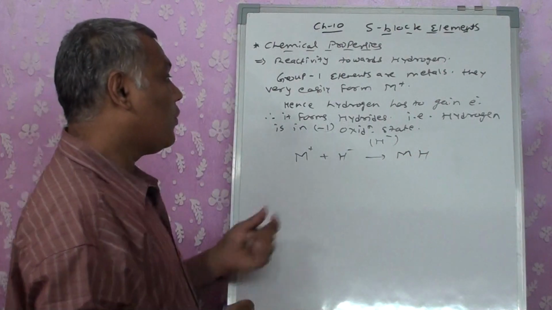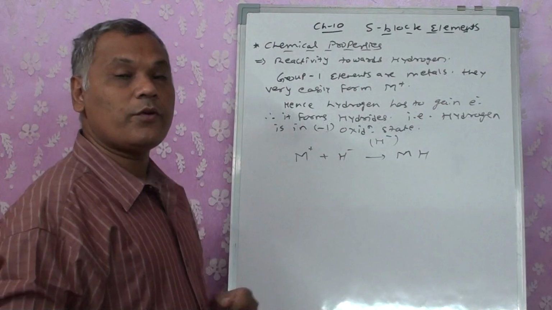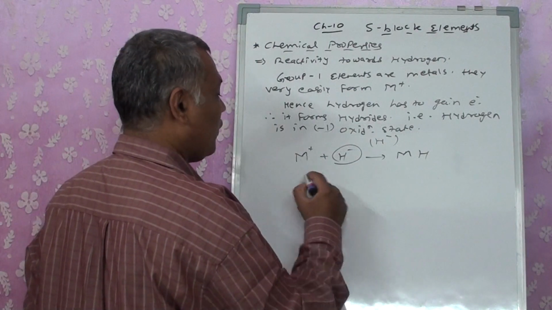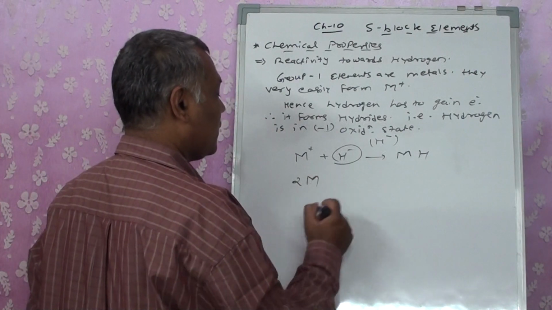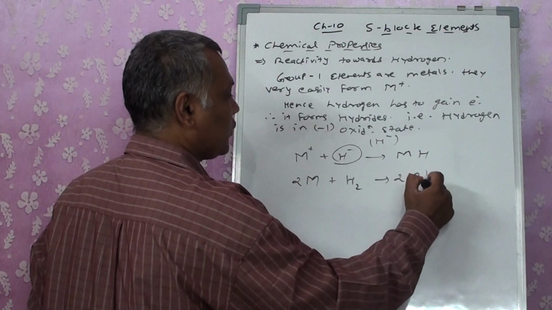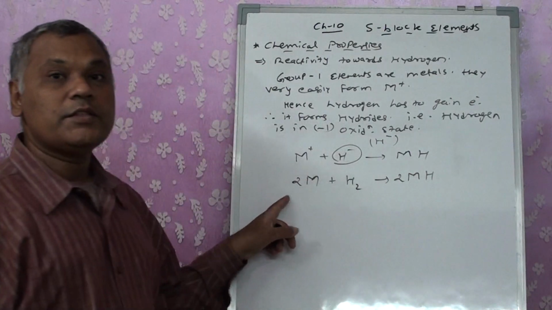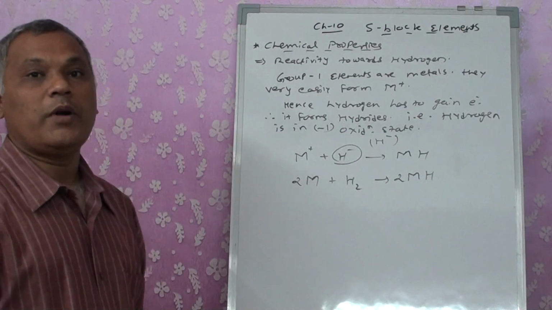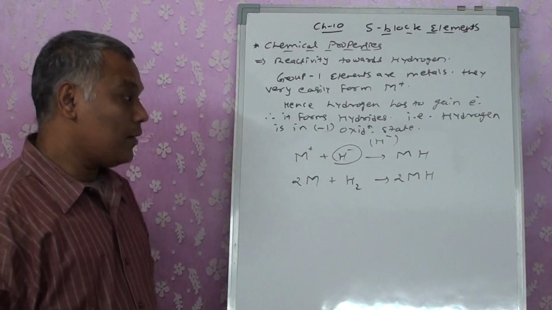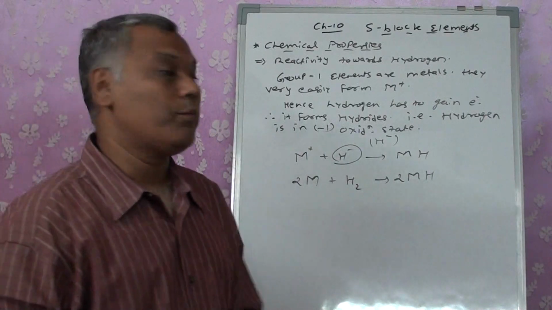But particularly we know that hydrogen, when we get it from the atmosphere, we get it in the form of H2. So the general reaction is 2M + H2 → 2MH, right? This is the general format, and we form metal hydrides, which are solid compounds.